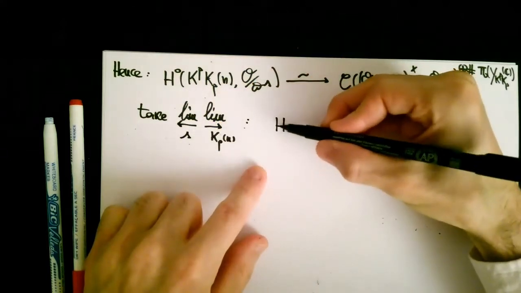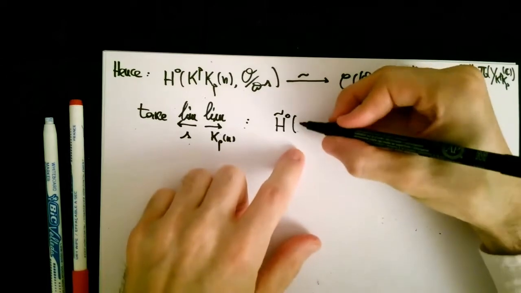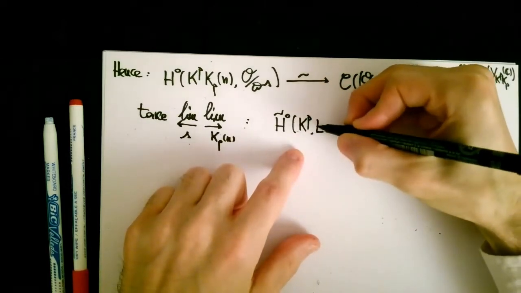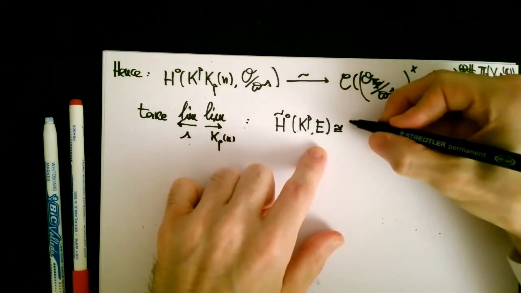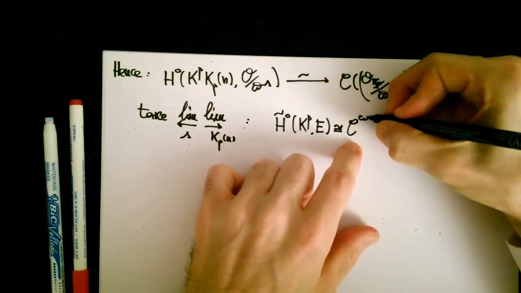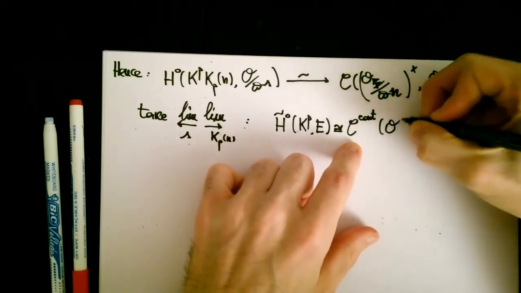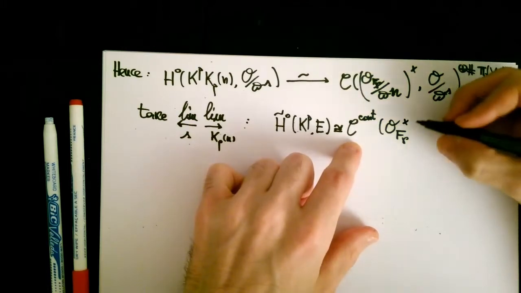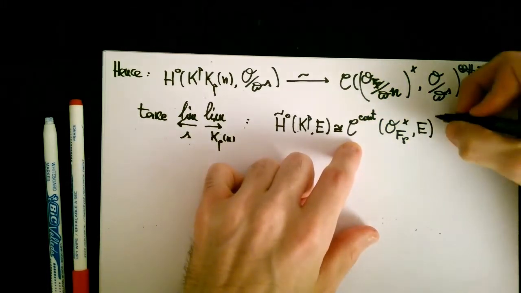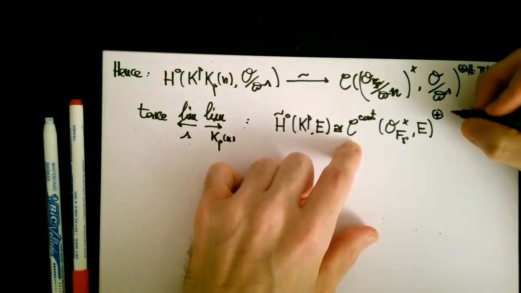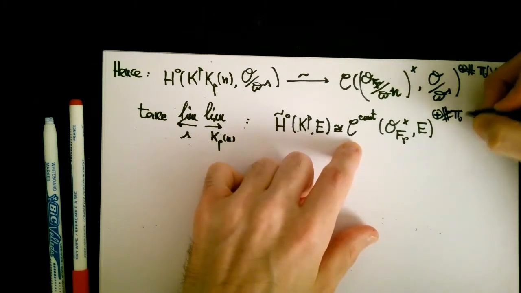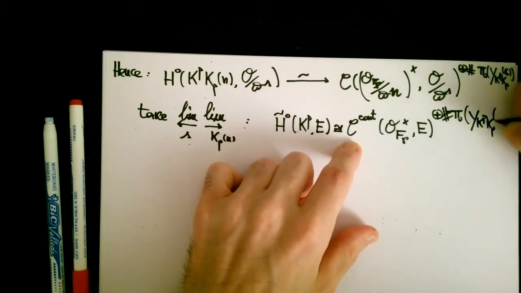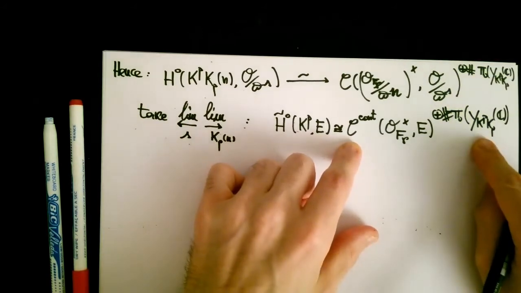We conclude that the H tilde 0 of K^p, E is isomorphic to what we wanted, meaning that it's isomorphic to the space of continuous functions on O_{F,p} cross E, direct sum the number of connected components of the curve. And now we are in business.